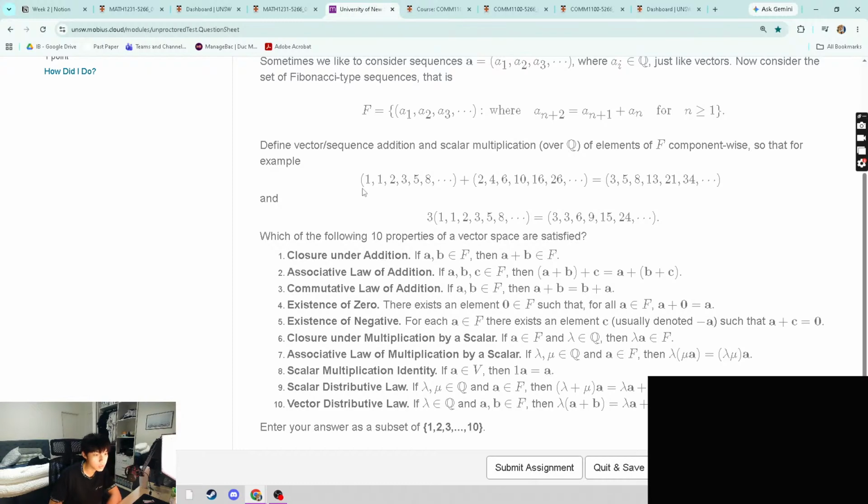7, scalar multiplicative. So I'm assuming if it's both that and it satisfies that, it probably works.